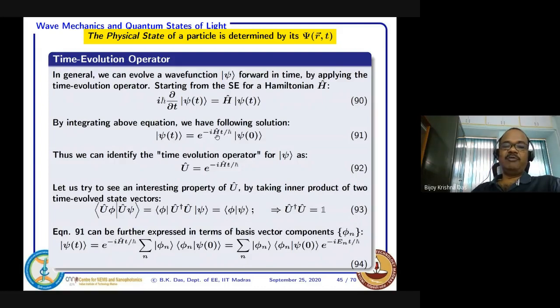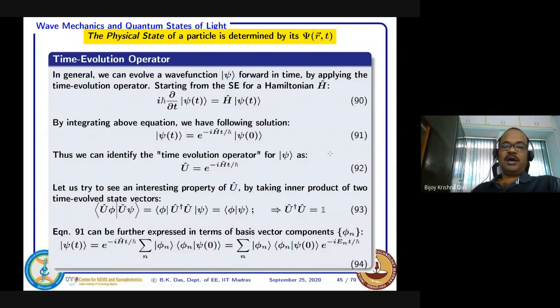So instead of E, you are writing H as an operator, the Hamiltonian operator. This as a whole can be considered an operator, which is a function of another operator, e to the power minus i H t by h bar. In the initial condition you can put at t equal to 0, psi was psi 0. So you can find the evolution of the ket vector as a function of time through this equation 91.